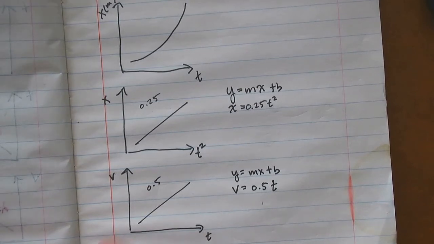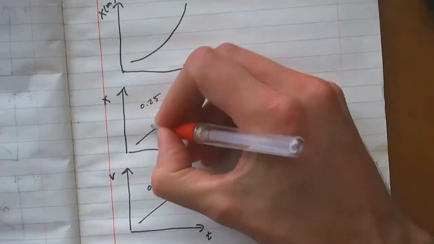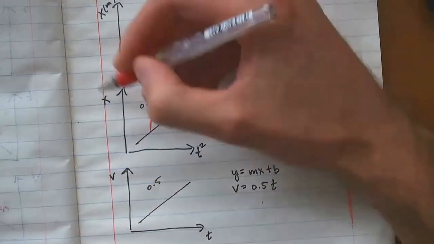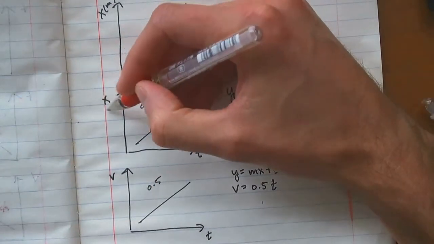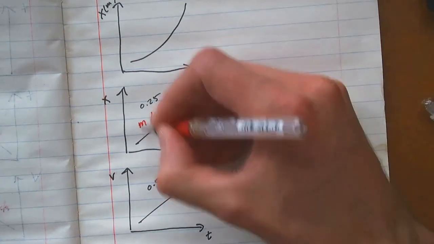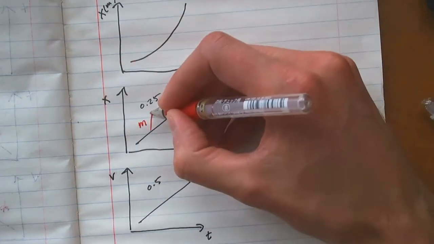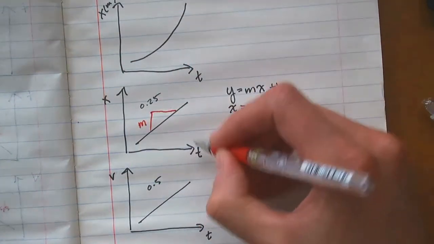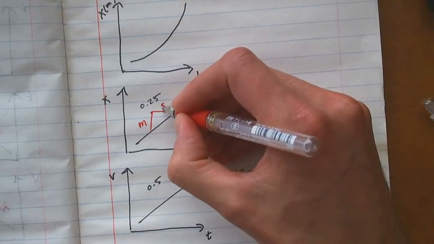It asks you to analyze the slope units. So if we take a moment to do that, we should see that the slope is rise over run. For the rise, we have meters because it is position on the vertical axis, over run, and on the run we have time squared, which would be seconds squared.